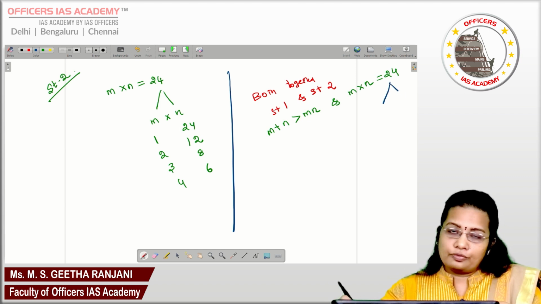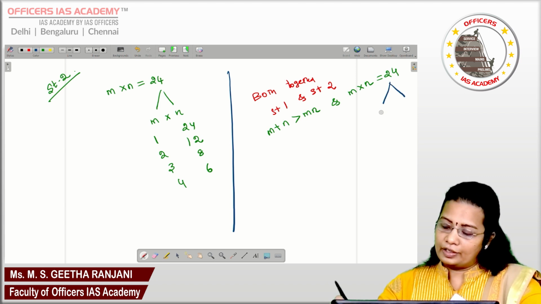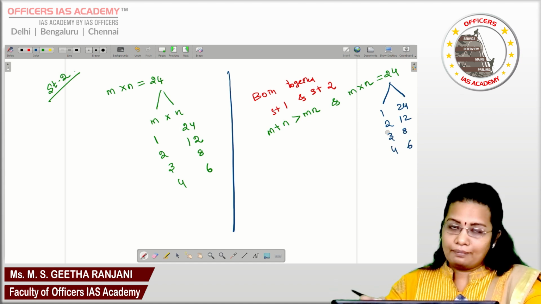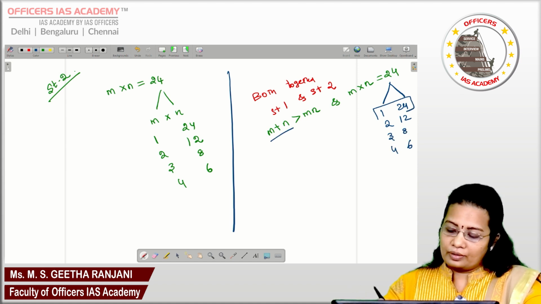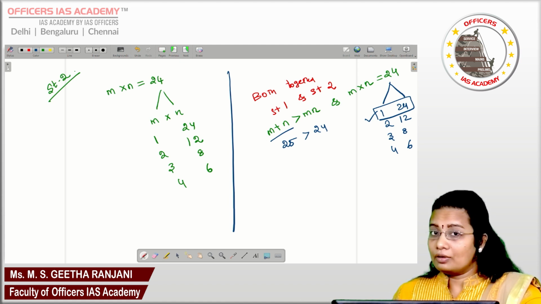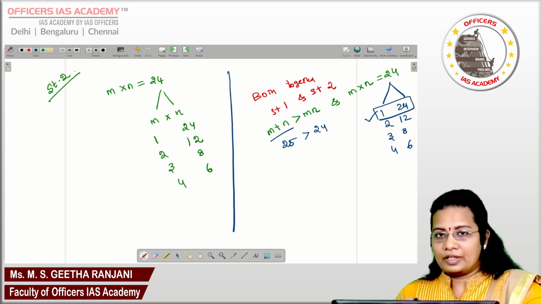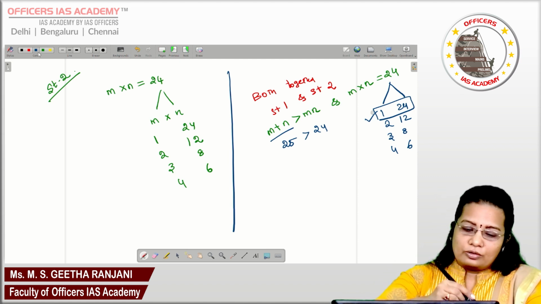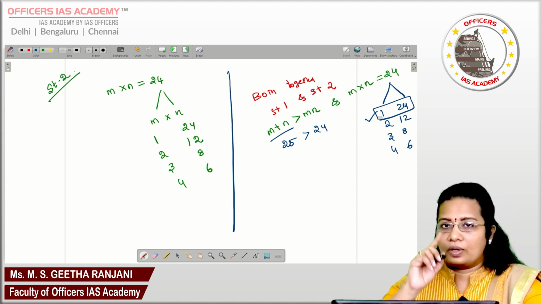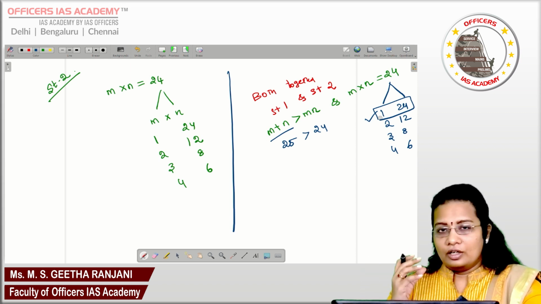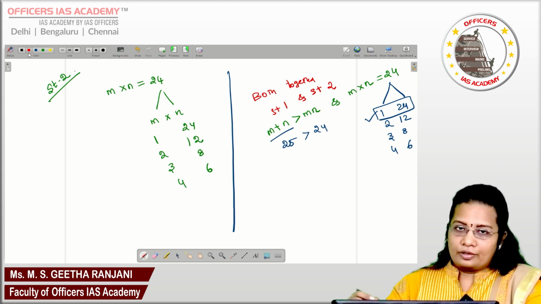What are the possible values for getting 24 as a product? 1 and 24, 2 and 12, 3 and 8, 4 and 6. Let me check one by one. 1 plus 24 is 25, and 1 into 24 is 24. Yes, the first one is satisfied. If more pairs satisfy the conditions, both together is not sufficient. Suppose only one exclusive answer exists, then both statements together are required to answer the question.